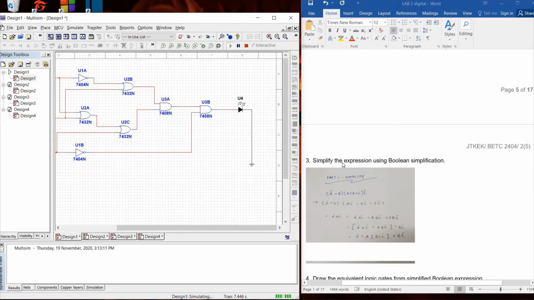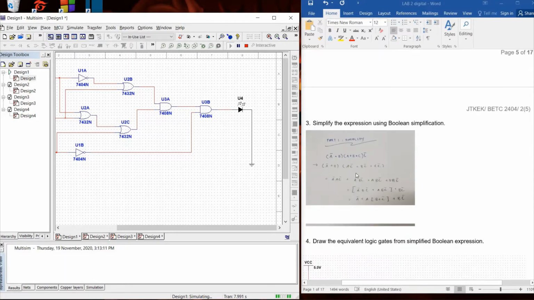Third, they asked to simplify the expression using Boolean simplification. As I have done here, you can see A bar. I already explained the equation like this: A bar plus B in brackets A C bar. The C bar is the output of A times C bar.